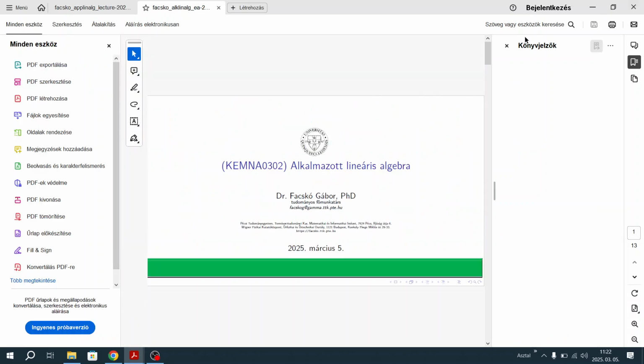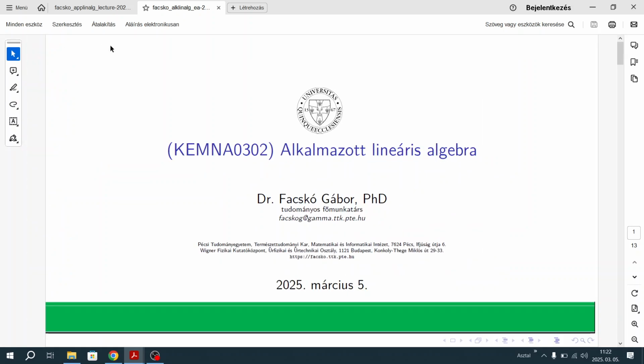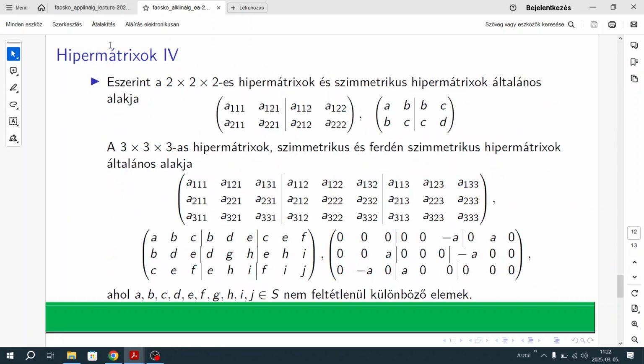Sorry, this is the Hungarian version, and now I started with the Hungarian. Last semester I always started with the English. Yes, this is missing from the English. So this is a 3 times 3 matrix.